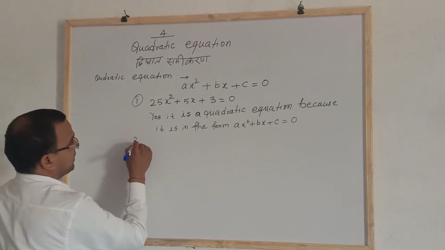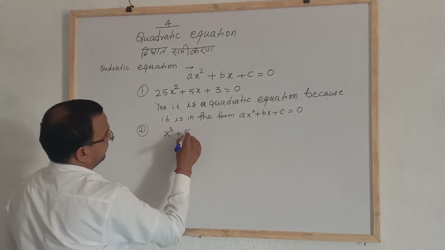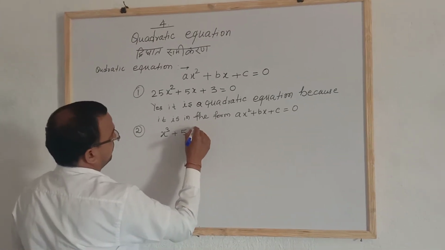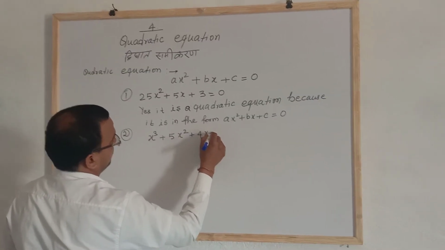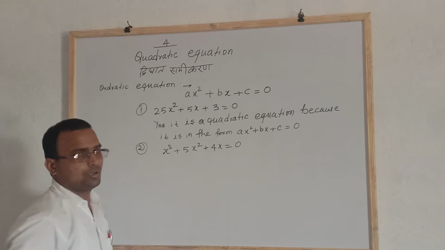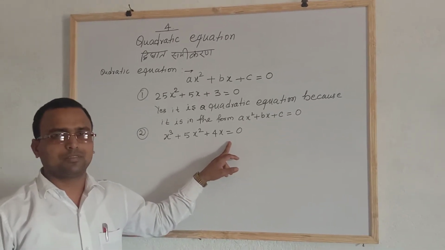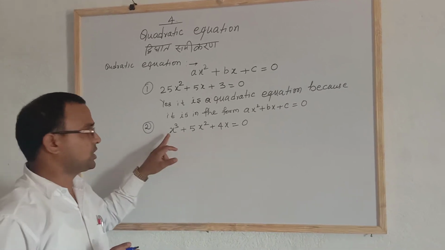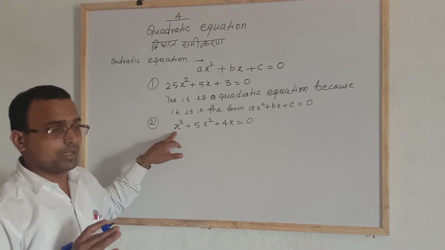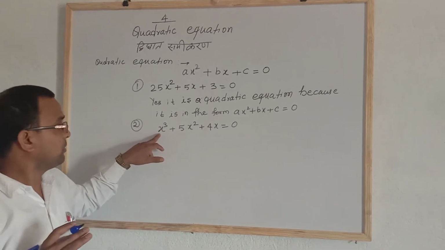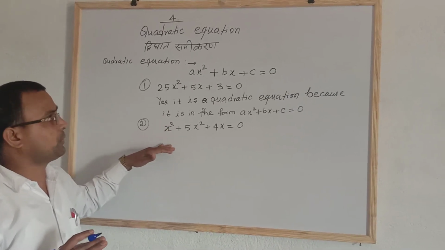And second example, x cube plus 5x square plus 4x equal to 0. Can you say is this equation a quadratic equation? No, this is not a quadratic equation because here the power of variable which is maximum is 3, so it is not a quadratic equation.